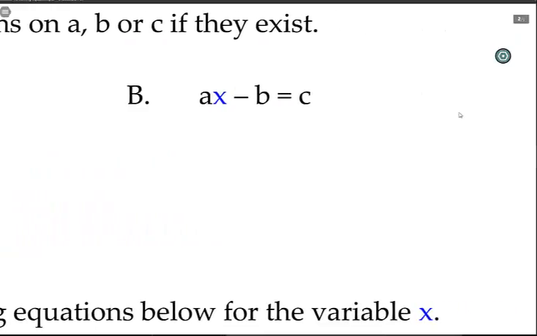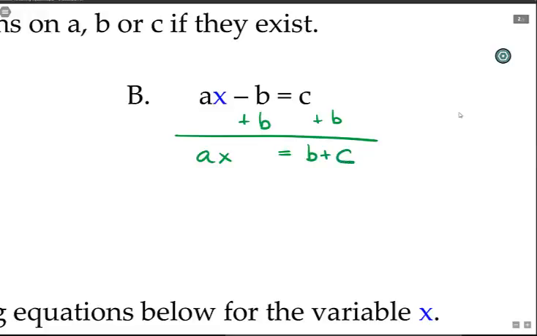First, we want to isolate the term ax by getting rid of the minus b. So to do that, we're going to add b to both sides. That gives me ax equals c plus b, or b plus c. I'm going to write it that way just because it's alphabetical. And with addition, remembering from yesterday, the commutative property allows us to do that.